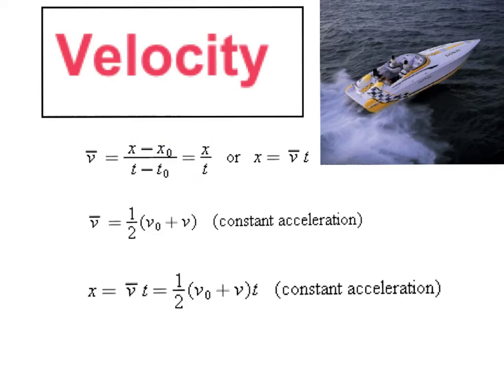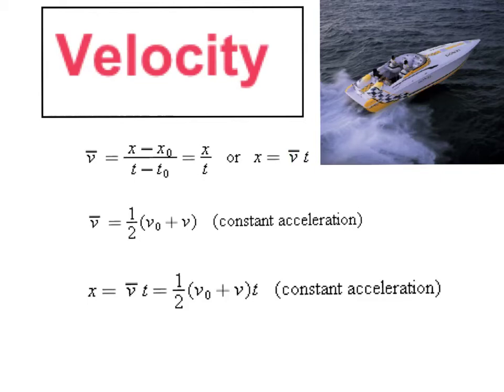And then rearranging our equation just a little bit gives us x, displacement, is equal to our average velocity times time. That's what this little bar above the v tells us, that it's the average velocity.